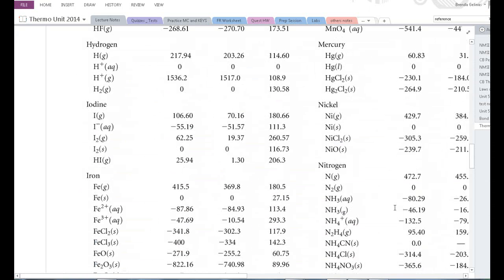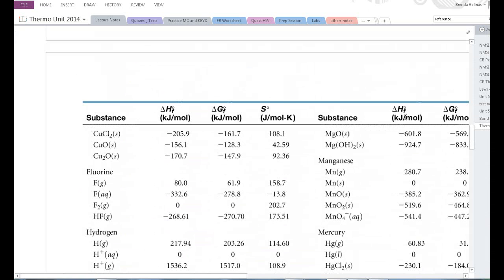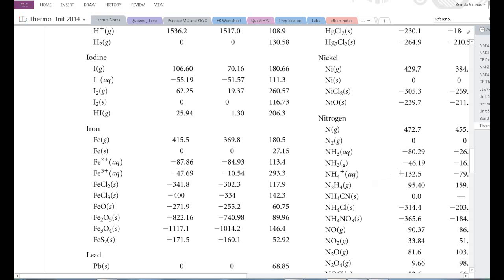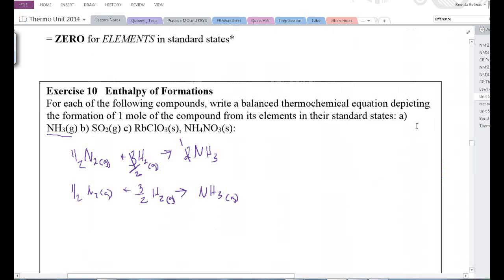The change in enthalpy of formation for that in kilojoules per mole is negative 46.19. So that's what we're going to use, equal to minus 46.19 kilojoules per mole of reaction.